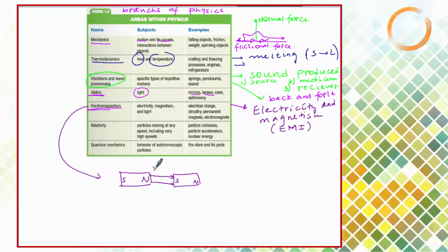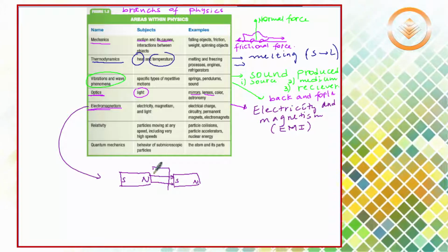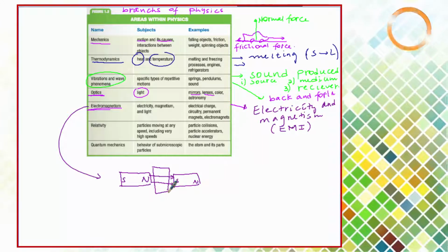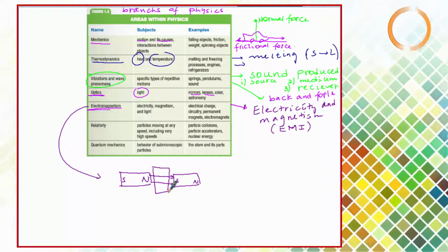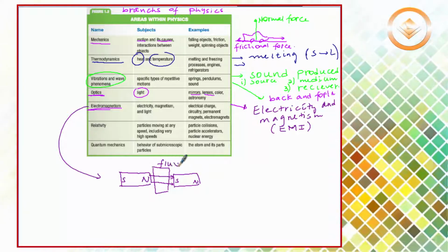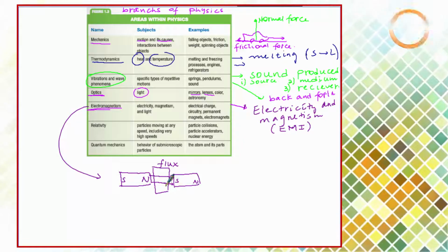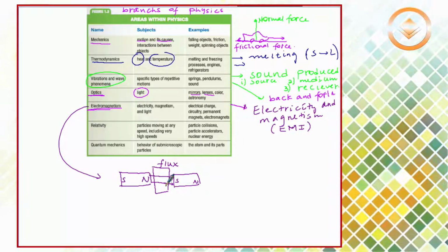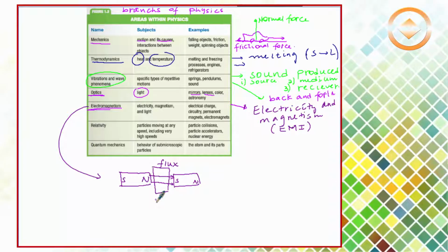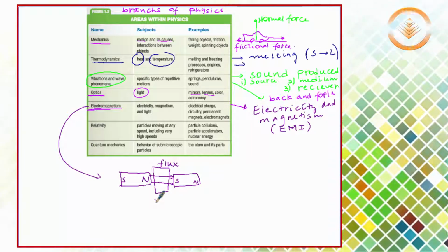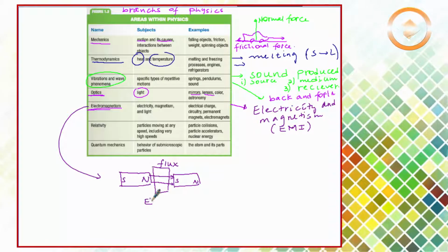And if you put a certain kind of armature, when this armature rotates, we are changing the number of field lines penetrating this armature. So this change in the number of field lines induces current, and the process is called electromagnetic induction.